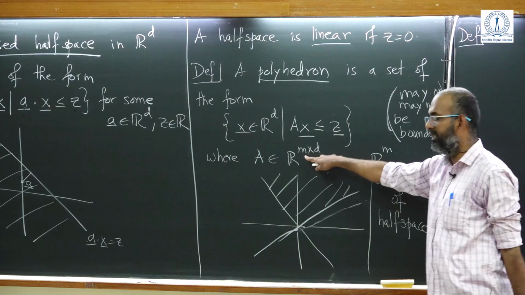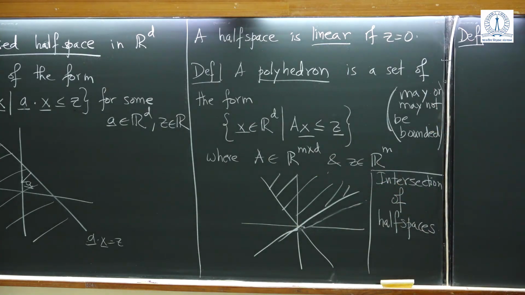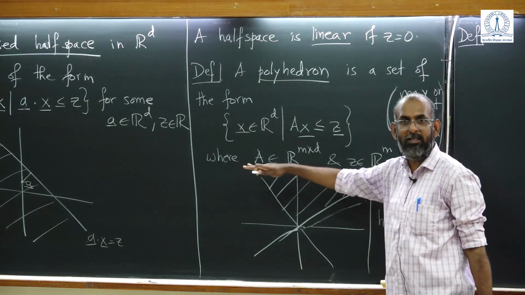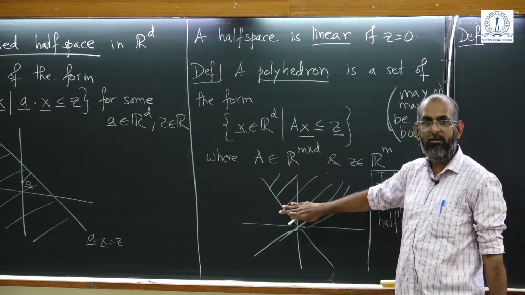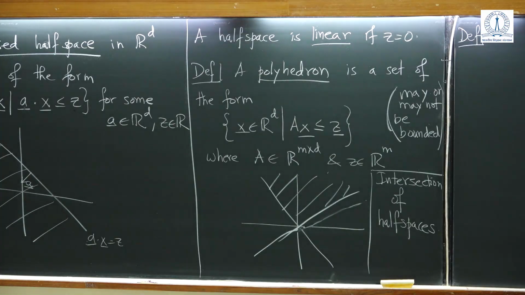So there are m such conditions. If I had one more line like this, forcing it to be inside, then it would be bounded. Otherwise, it may be unbounded. There is no restriction here.